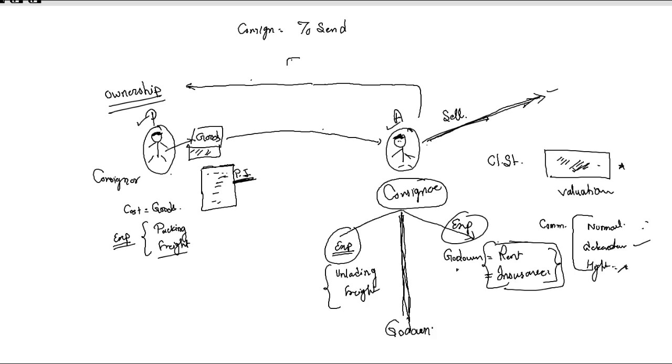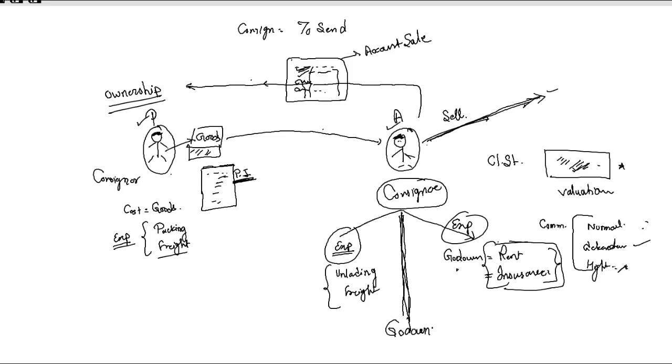This detailed information is known as account sale. This account sale is given by the consignee to the consigner. It contains the details of the sale proceeds, how much sale has been made, what the closing stock is, the commission charges, and the expenditure incurred by the consignee.